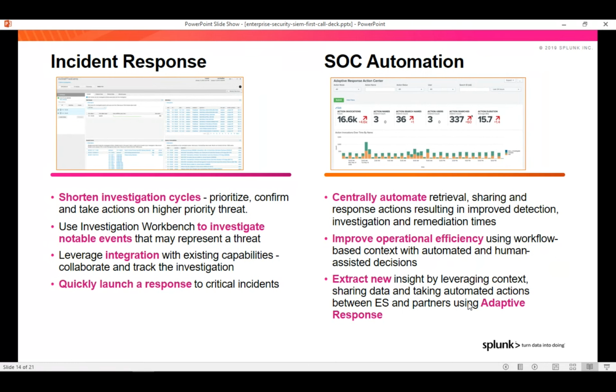Whereas SOC automation, as we talked about, the adaptive response framework, is a subset of programmatic automation. So you can also take programmatic actions. You can integrate with any incident, so if you open any incident in the incident review dashboard, you can see that there's an option to take action.